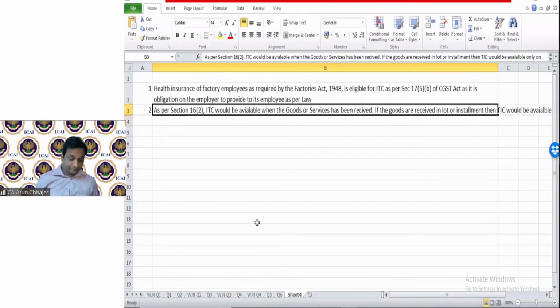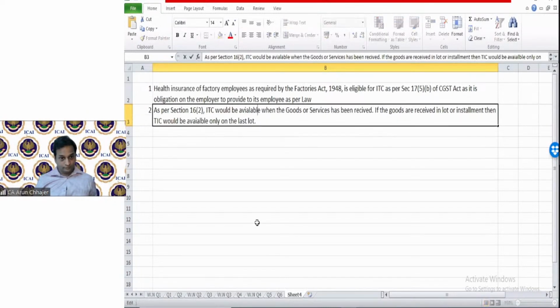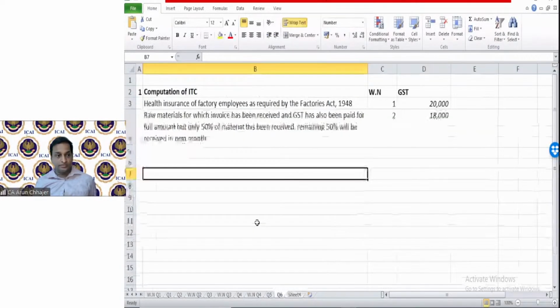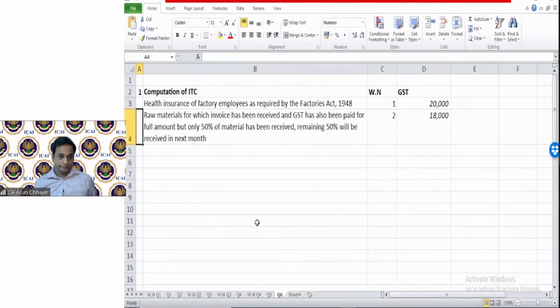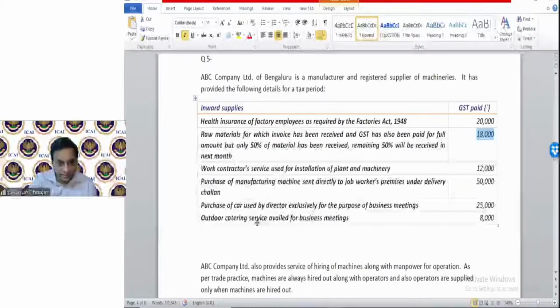Correct? When all the conditions are satisfied, including that the goods or services have been received. Absolutely correct. Now, what is the third item?